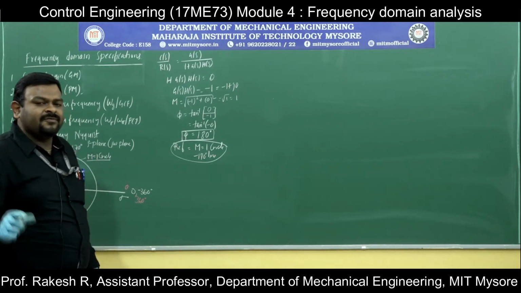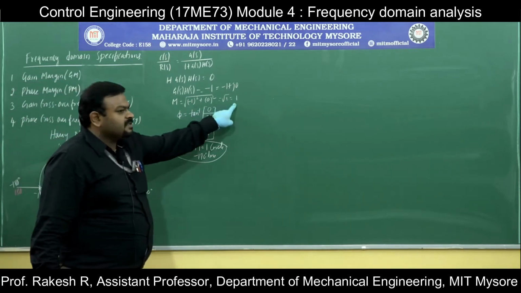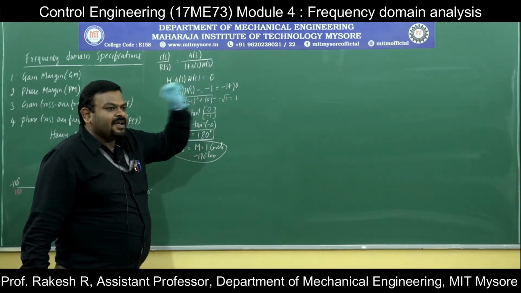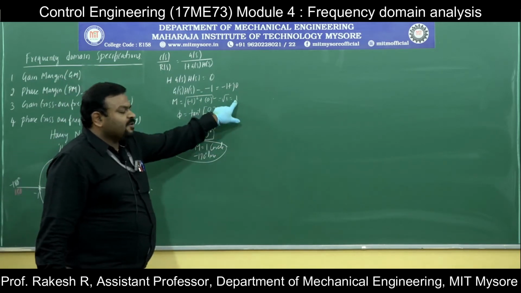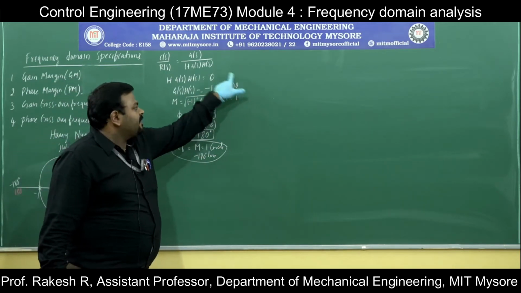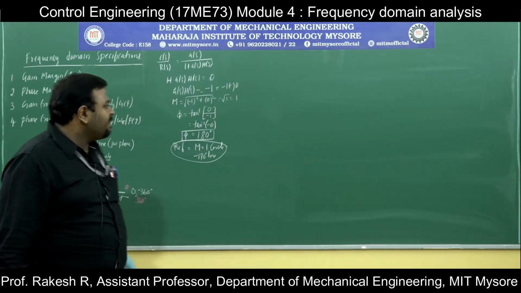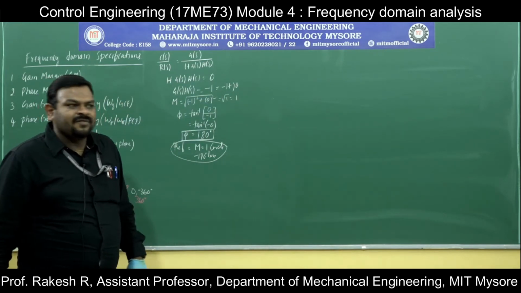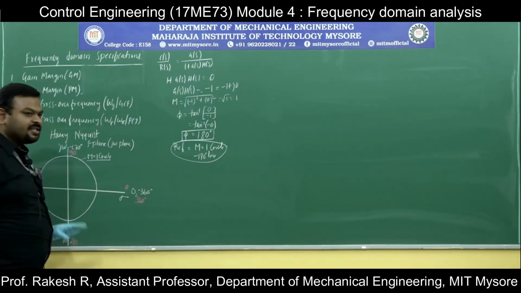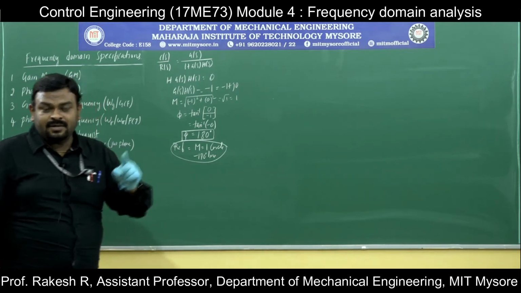If the plot is approaching this M is equal to 1 circle, after this, what will be the value? M is equal to 2, M is equal to 3. This value is changing. Compulsorily, it will be on the imaginary axis only. If it is on the imaginary axis, the system tends to become unstable, but it is not unstable.